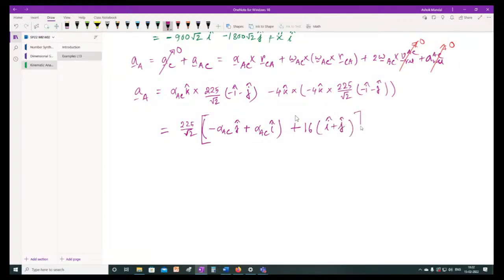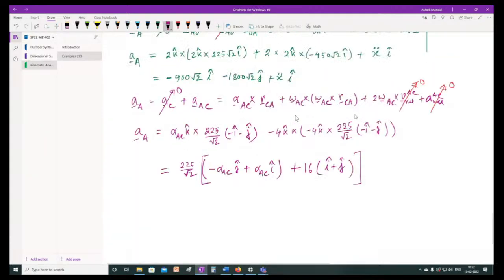Is it fine? Yes, sir. Once we have these two, we can equate the accelerations: 225 by root 2 (alpha AC (I minus j) plus 16 (I plus j)).